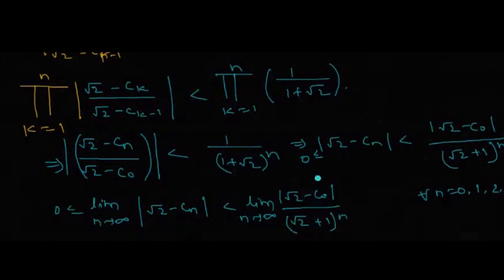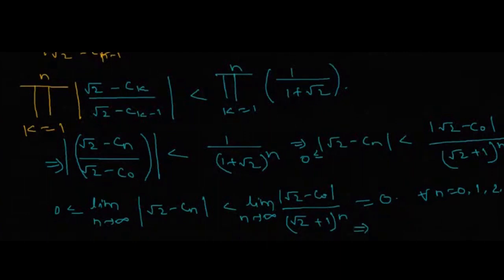Root 2 minus c naught is a finite number, and the denominator tends to infinity as n tends to infinity. So this will be 0. So by sandwich lemma, we can say that.